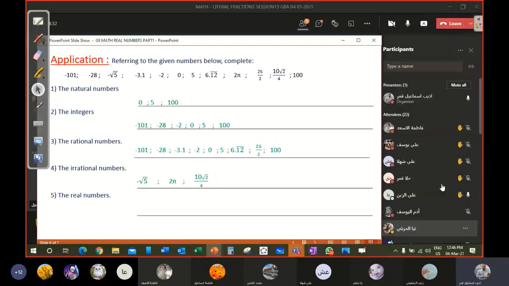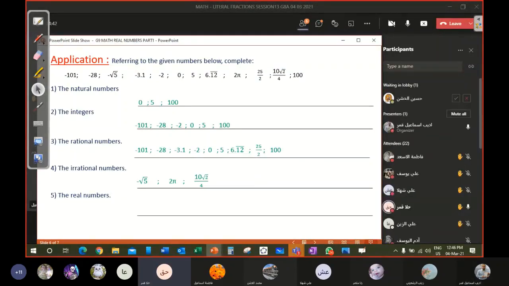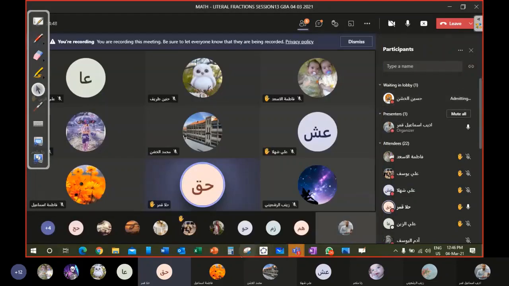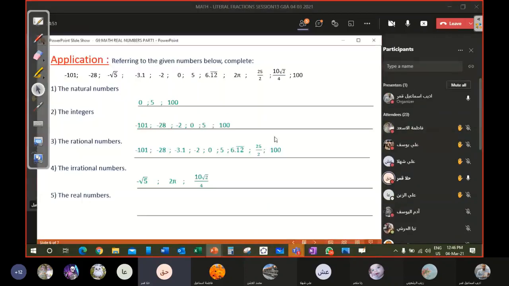Hala Omar, the real numbers. The real numbers are minus 101, minus 28, minus radical 5, minus 3.1, minus 2, 0, 5, 2 pi, 25 over 2, 10 radical 2 over 4, 100, and 6.12 period.